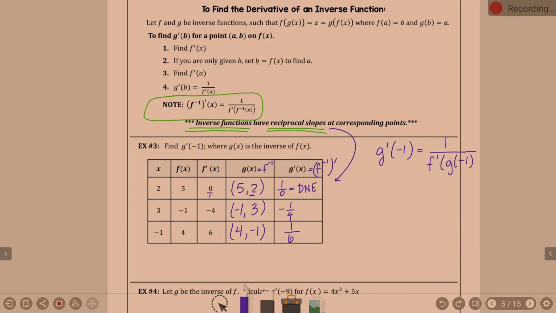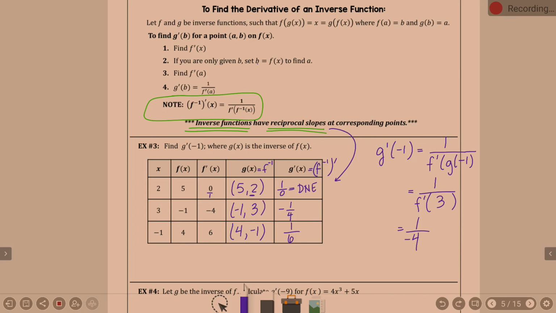I want to show you the connection here. 1 over f prime. What's g of -1? G of -1 is 3. What is f prime at 3? -4.